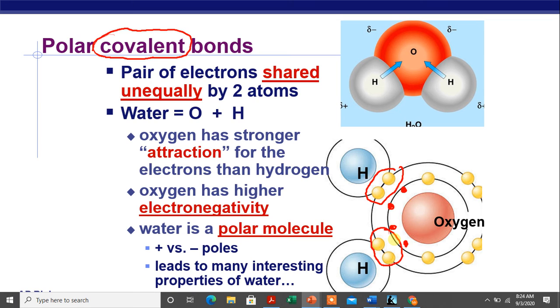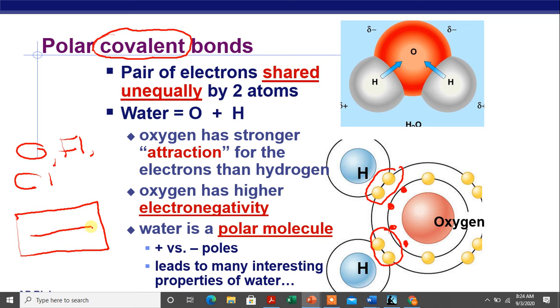So, really electronegative elements are, for example, oxygen and fluorine and chlorine, all right? If you have your periodic table, elements that are farther to the right and farther up in the right corner are more electronegative.